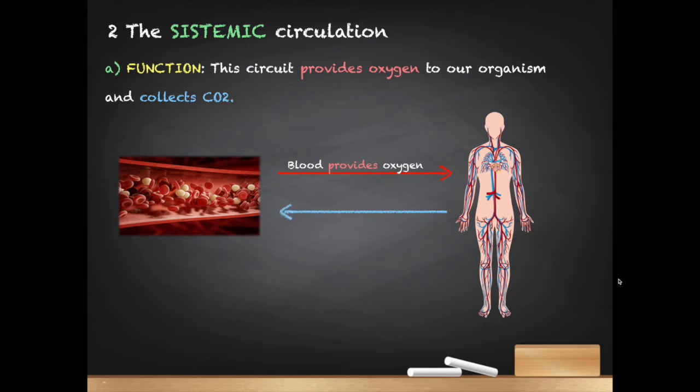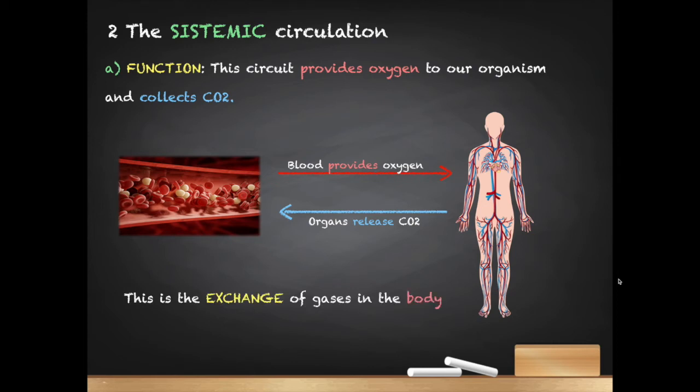And the body will release or will get rid of carbon dioxide. Okay, this is the exchange that will happen in the systemic circulation. Blood transports or provides oxygen to the body, and the body releases carbon dioxide. Okay, so this is the exchange of gases in our body.